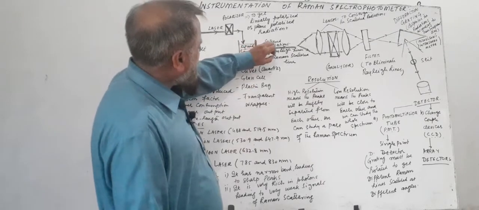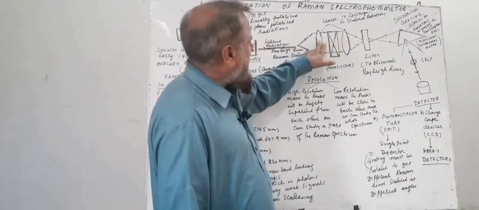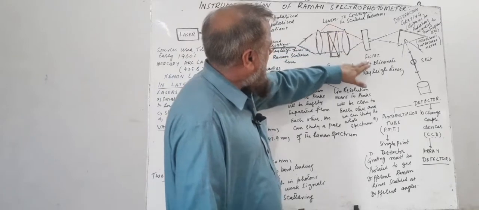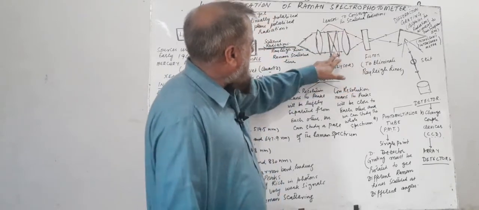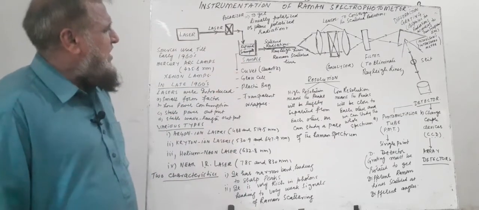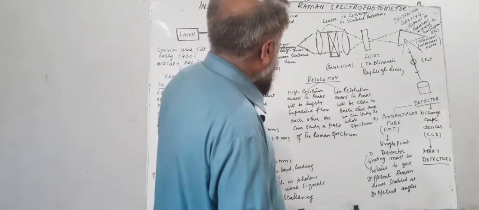Now, these scattered radiations are passed through two convex lenses in order to converge them onto the filter. Between the two lenses is another polarizer, which is called the analyzer.